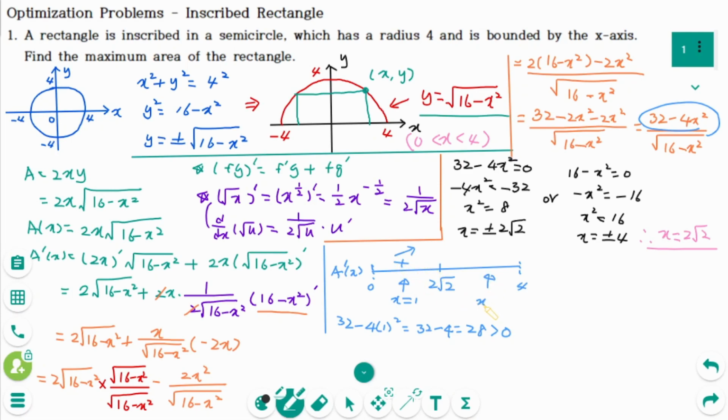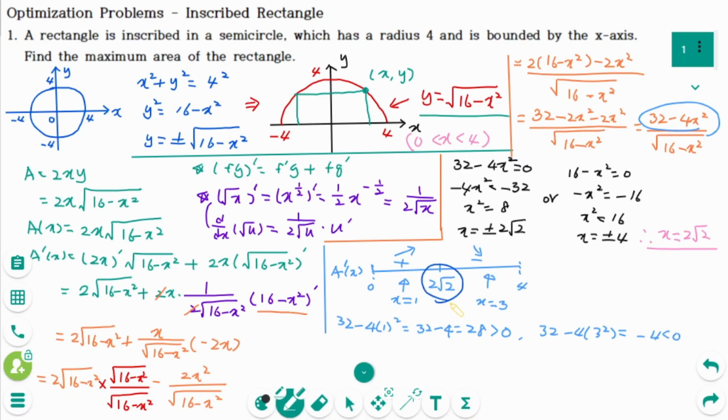When the testing number is 3, then 32 minus 4 times 3 squared equals minus 4, which is less than 0. A prime changes from increasing to decreasing at x equals 2 square root of 2.